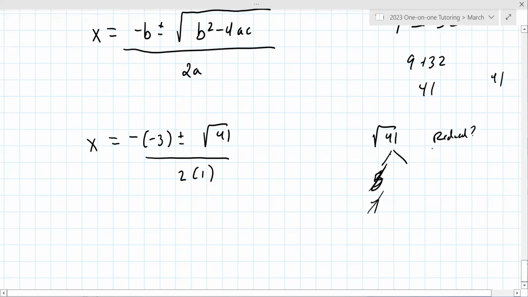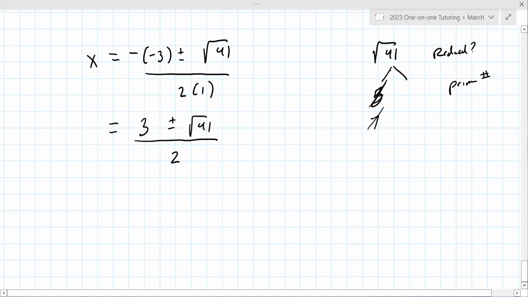So this is actually a prime number, and it has no reducing abilities. So this is 3 plus or minus the square root of 41 over 2, like that. And we'd write it as 3/2 plus or minus the square root of 41 divided by 2.